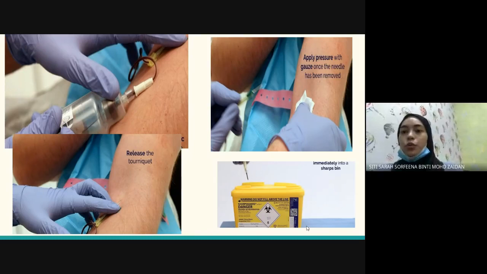And then after that, we will release the tourniquet and apply pressure with the gauze once the needle has been removed, and then we will discard all the devices, all the needles, to prevent sharp pricks.